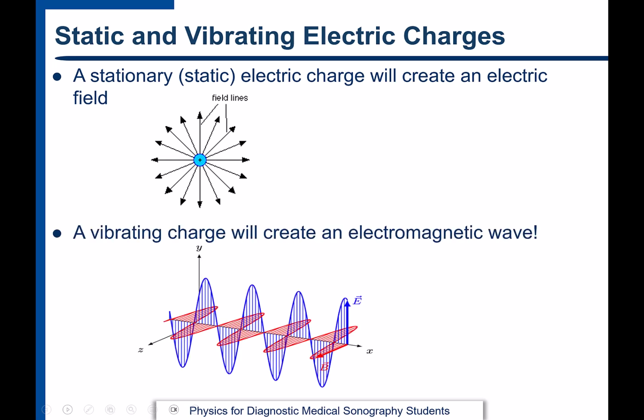So if we take that stationary or static electric charge and we now make it vibrate, we know in fact that it will not create a stationary electric field. It will create an electromagnetic wave that propagates through space. So stationary charges will create a static electric field, but vibrating electric charges will create an electromagnetic wave.